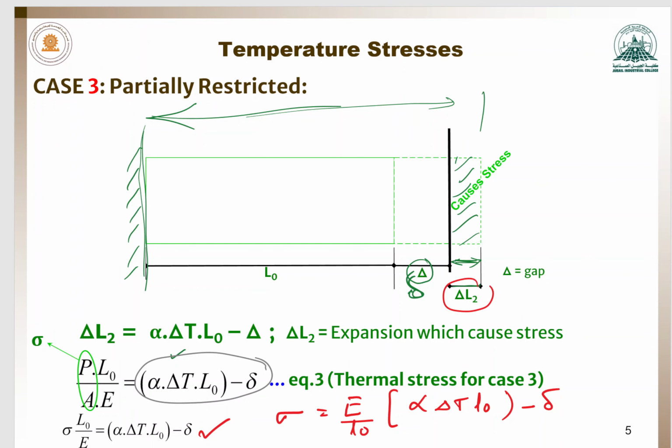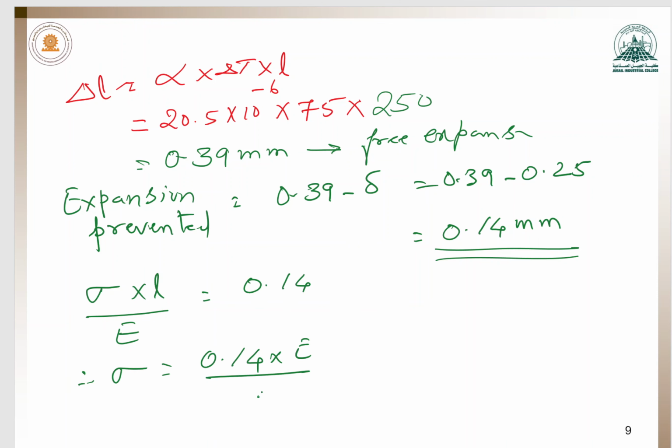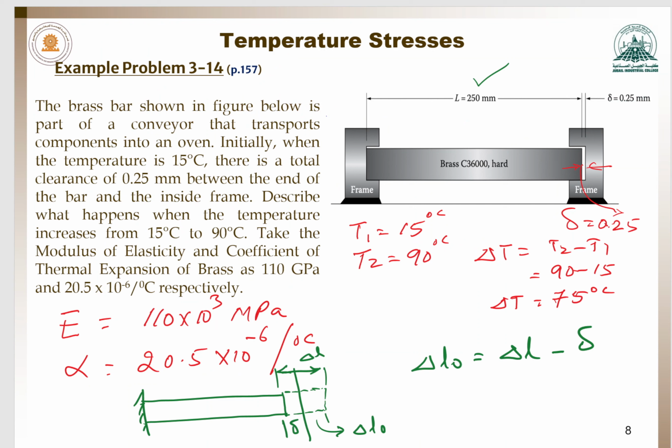Let me go back and write here. So I have to write sigma into L by E is equal to 0.14. Therefore, sigma is equal to 0.14 multiplied by E divided by L. 0.14 multiplied by E is how much? We are already given this value in the problem.